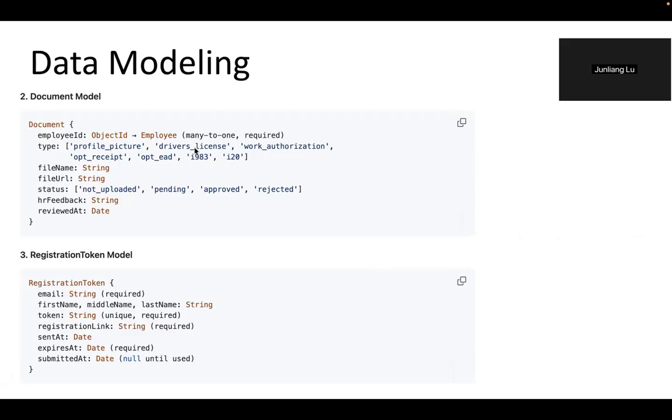Types include OPT docs. And we also have status checking. The registration token enables a one-time registration with expiration. The relationship of the models is that employee to documents is one to many. Tokens are standalone.